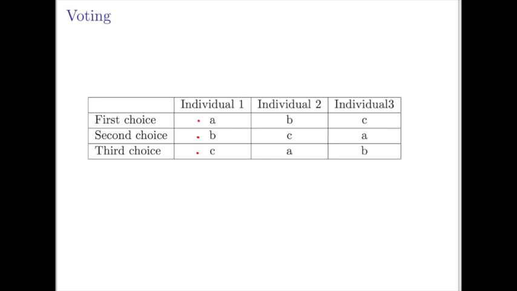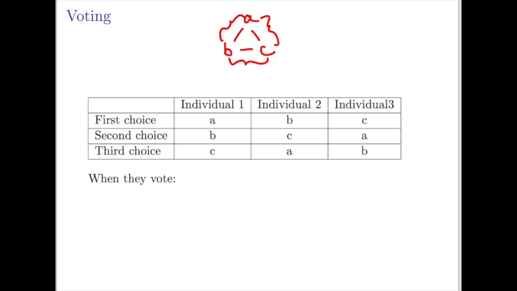So we're going to have them vote. There are three pairs. We're going to have them vote between A and B, A and C, and B and C. So let's first have them vote between A and B. How many people are going to vote for A?